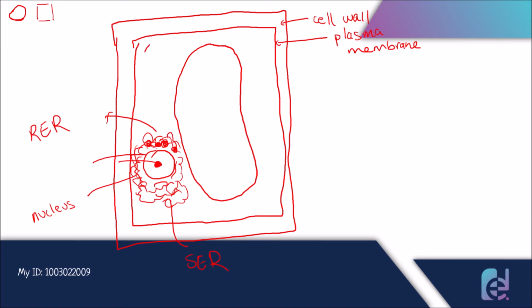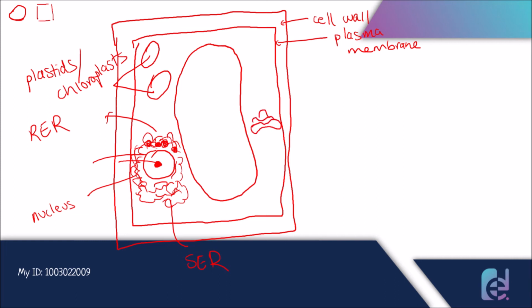And then we have plastids or chloroplasts. So these are plastids slash chloroplasts. Also, we can't forget the Golgi apparatus, or simply the Golgi body.